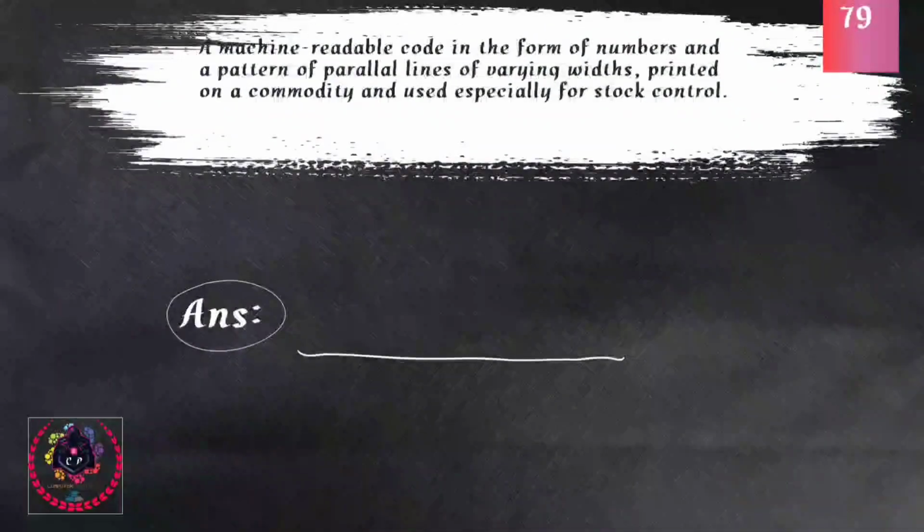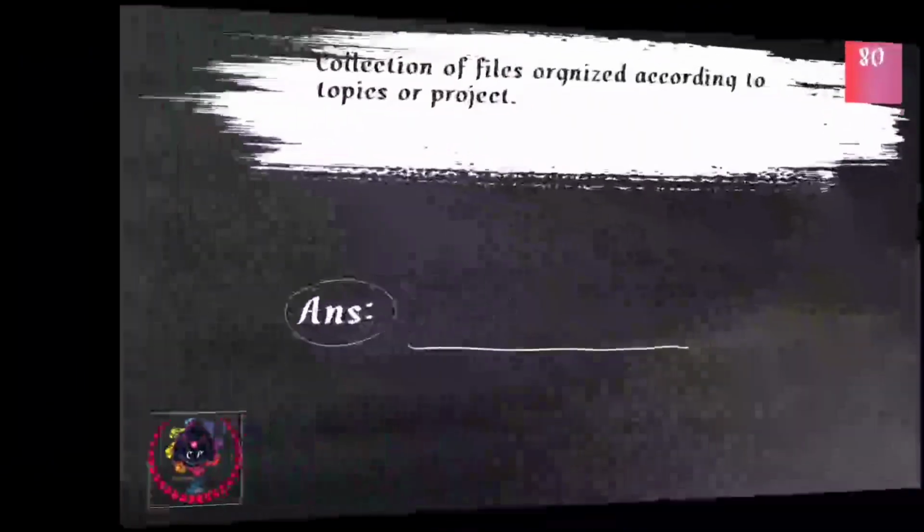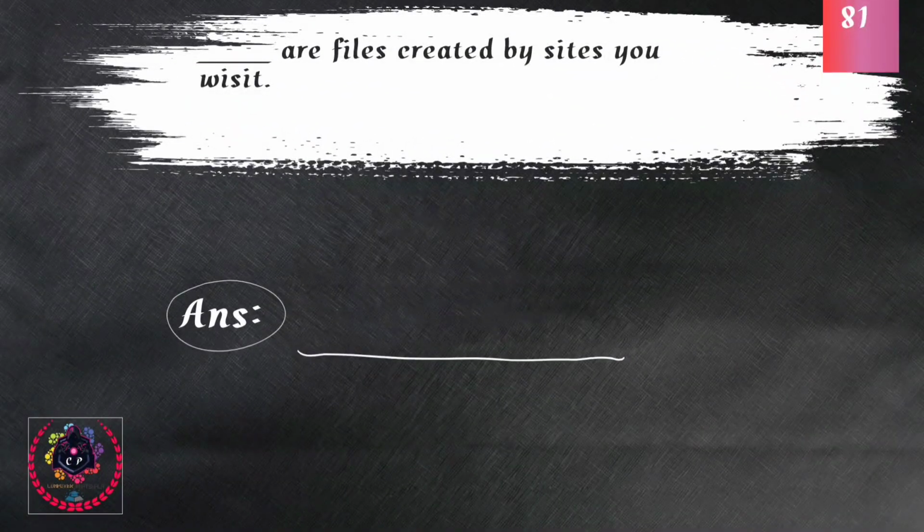Favorite is a saved link to a web page. A machine readable code in the form of numbers and a pattern of parallel lines of varying width printed on a commodity and used especially for stock control is a barcode. A collection of files organized according to topics or projects is a directory. Cookies are files created by sites you visit.